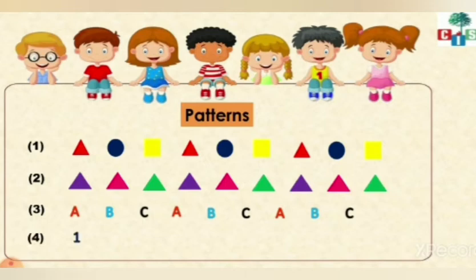Fourth one: 1, 2, 3. Now which number will be next? Right? 1, 2, 3. After that, again 1, again 2, and the last will be 3. Correct? Now let's move to the next slide.